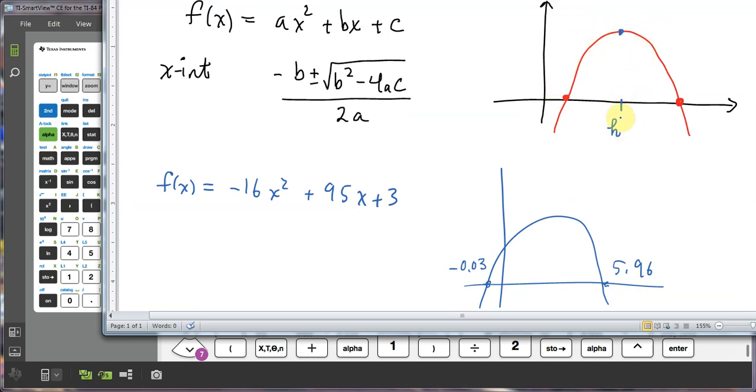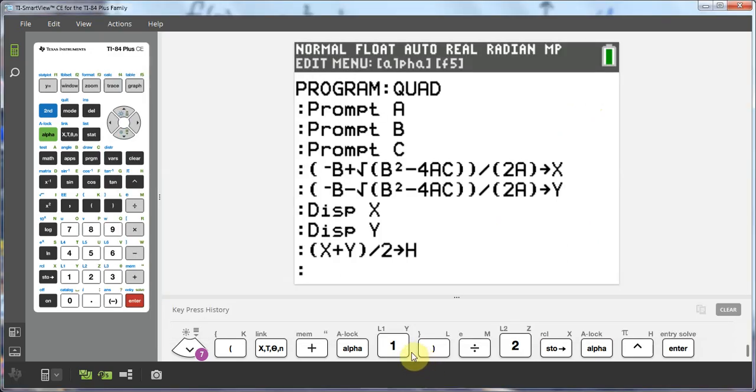But that only gives us the x-coordinate. If we want to find the y-coordinate, then what we have to do is take h and plug it back into this equation. So plug it back into here, which is ax squared plus bx plus c. Now in our program, we can leverage this fact, and we can say that we're plugging h into the quadratic equation, not the quadratic formula, but the function.